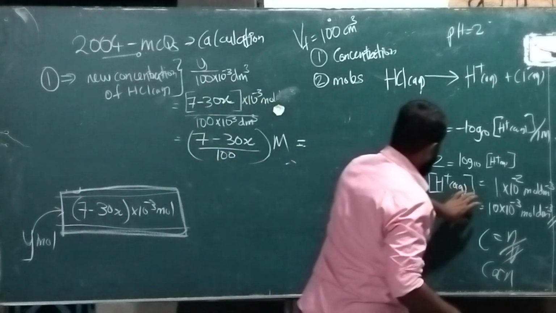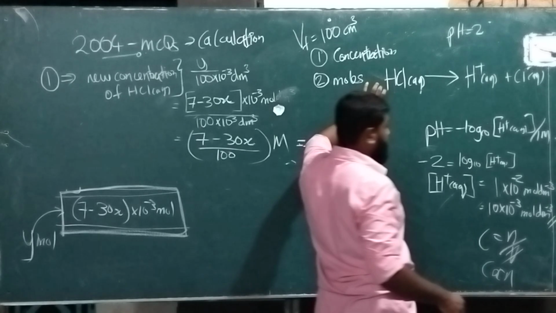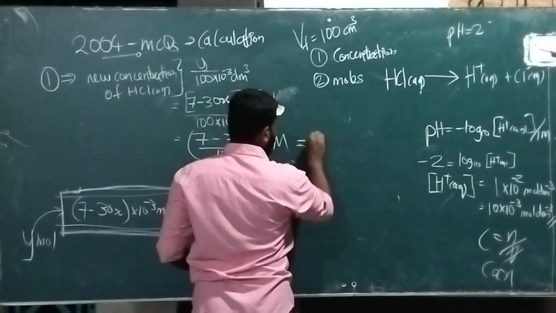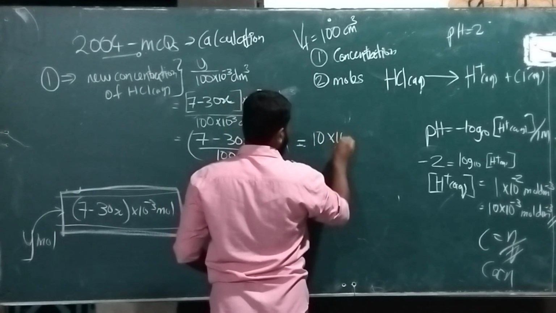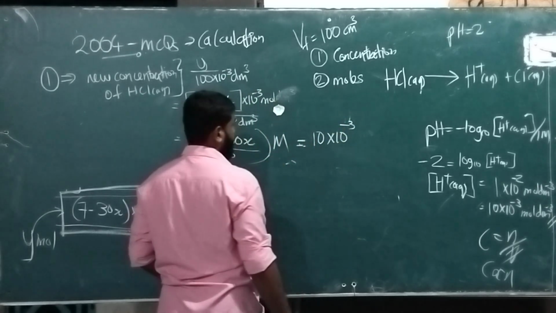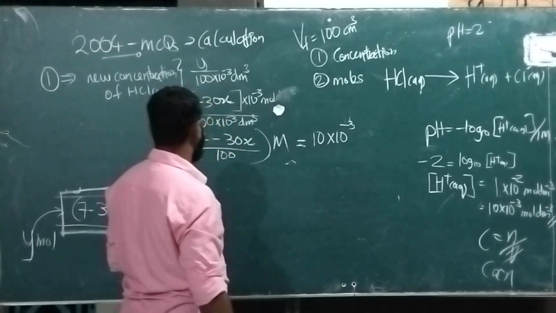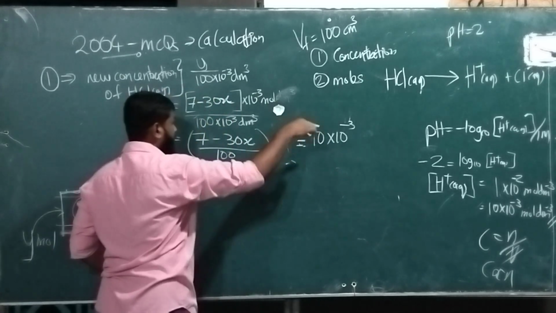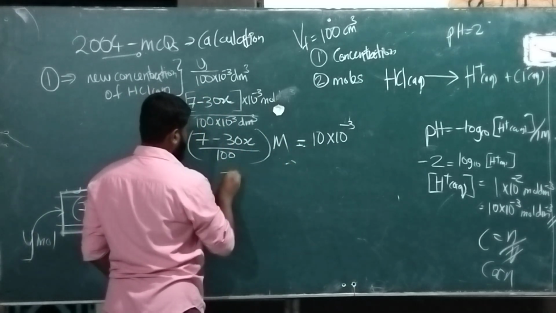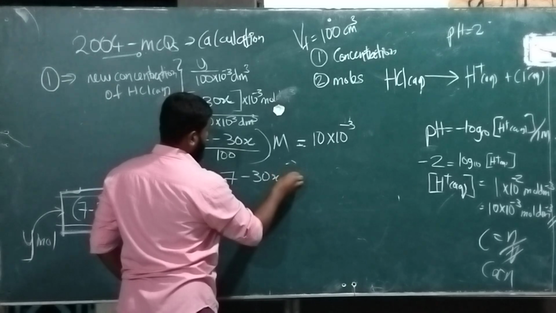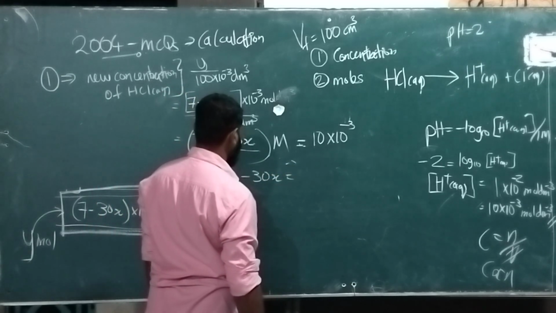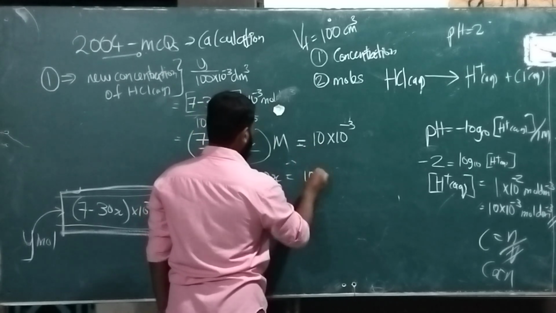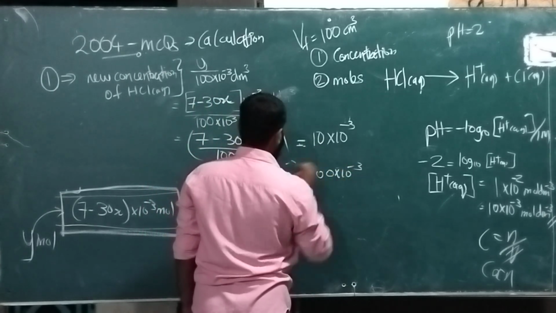So this is equal to the final concentration of HCl. How much does it have to be? 10 into 10 to the power minus 3 mole decimeter minus 3. Move this 100 over there. So 7 minus 30x is equal to 1000 into 10 to the power minus 3.